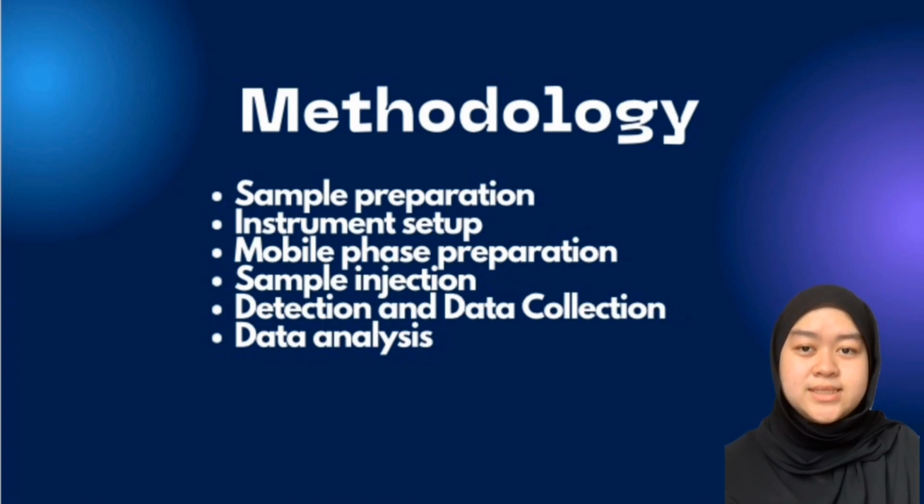DAD is more versatile in terms of compound identification due to its spectral capabilities, while RID is often preferred for its universal detection capabilities, especially when dealing with compounds that do not have a strong UV absorbance. And last but not least, for data analysis, we can identify the components in the sample from the chromatogram. We will explain more details on HPLC in the next part of the video.